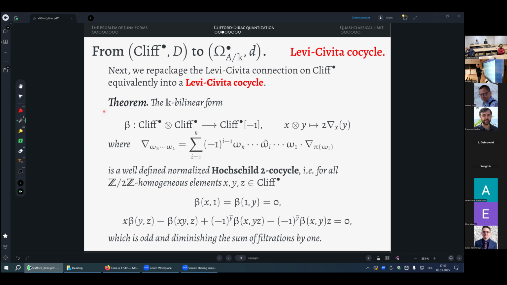As in this theorem. Maybe I will start explaining from this point. If you have a differential form, omega I, we can make from this one-form a vector field by applying the isomorphism induced by the non-degenerate quadratic form on differential forms.